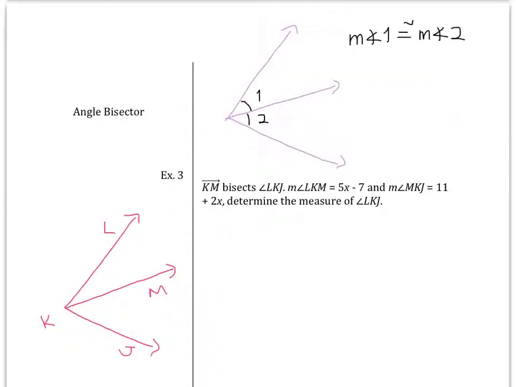This example is the angle bisector. What the angle bisector says is that if we have this angle here and this ray bisects the angle, then this angle and this angle are equal. The measure of angle 1 is congruent to the measure of angle 2. We're going to use that to solve the next problem.